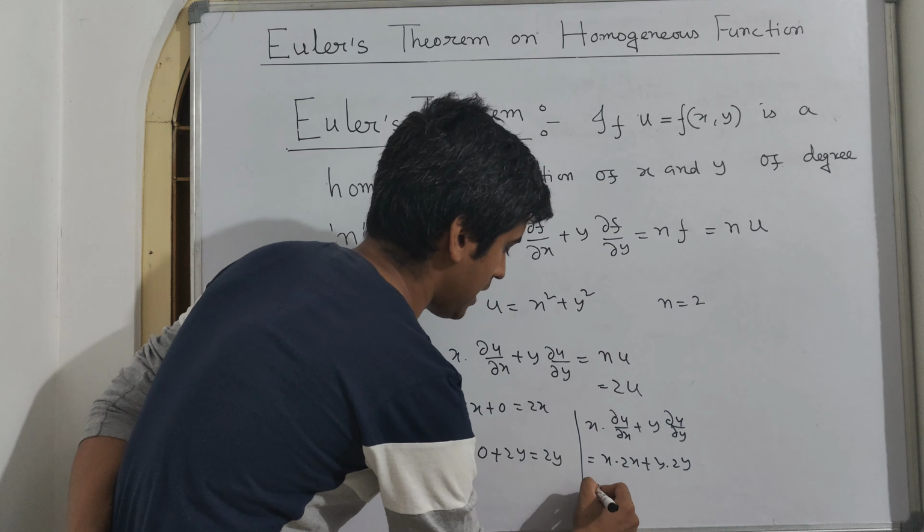So the degree of the function u is 1. So from Euler's theorem we get x into del u del x plus y into del u del y equals nu. Here n equals 1 as the degree is 1, so this equals 1 u, that is u. So x del u del x plus y del u del y equals u is proved.